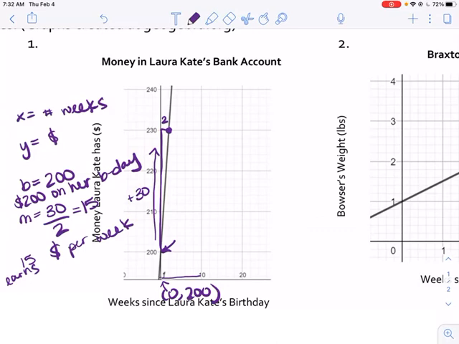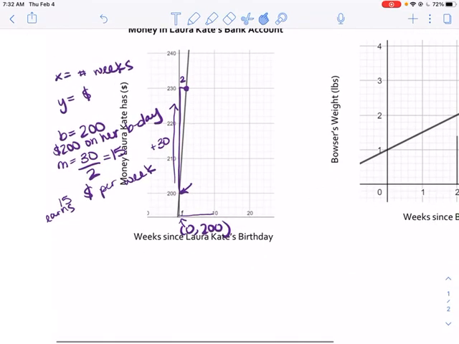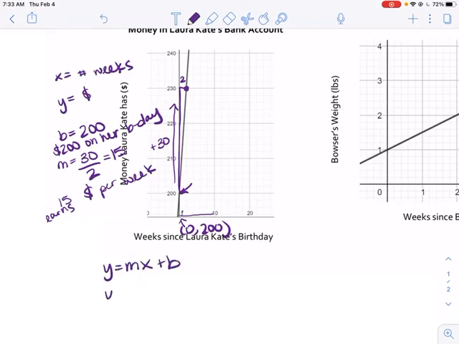Okay, then we're going to write our equation, and if it were to ask you any question of x versus y, then you can answer it using your equation. I'm sorry, my work looks a little ugly here, but y equals mx plus b. I'm going to put y equals, and my m was 15, and my b was 200.